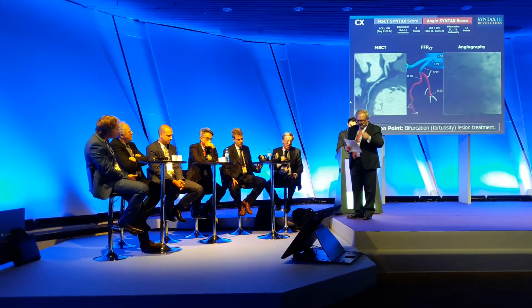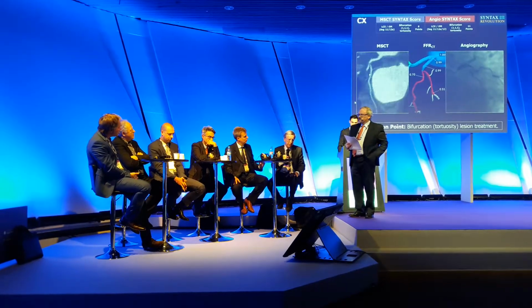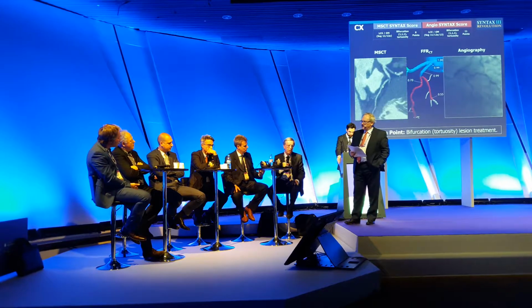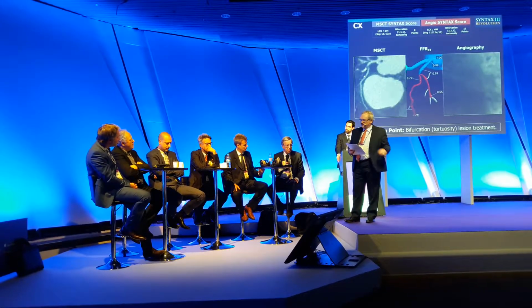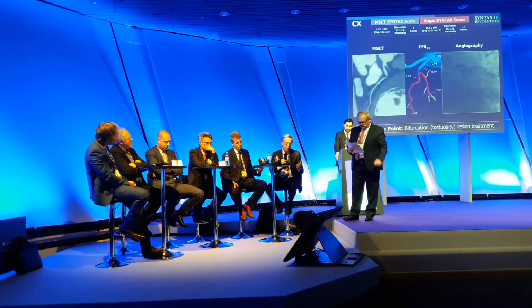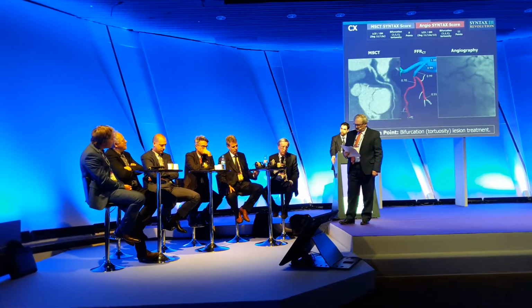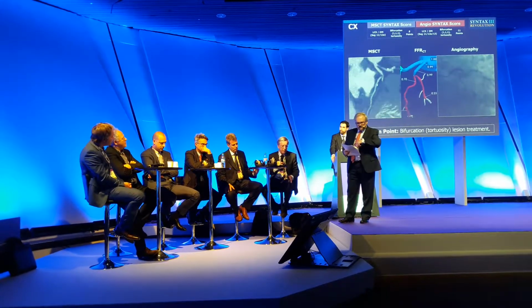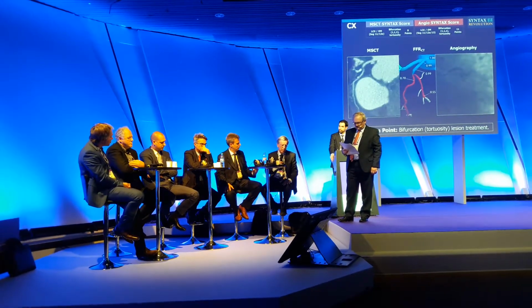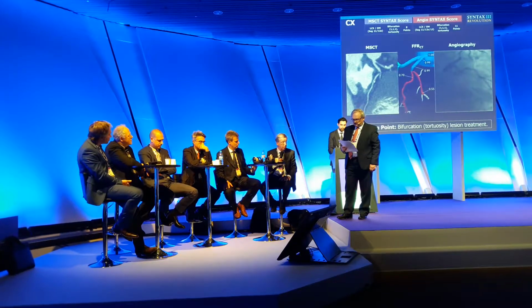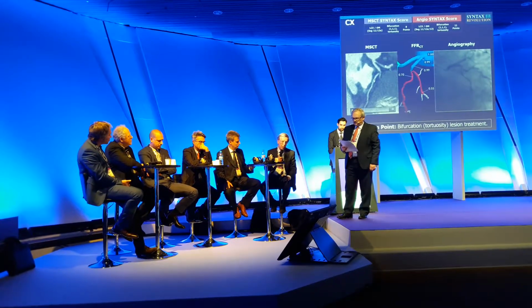It is a quite tight Medina 111 bifurcation lesion, so to protect this big obtuse marginal is a tricky business, because any technique that you use, provisional or two-stent approach, will have some difficulty, especially because of the tightness of the lesion and the takeoff of the branch that is almost 90 degrees going backward.